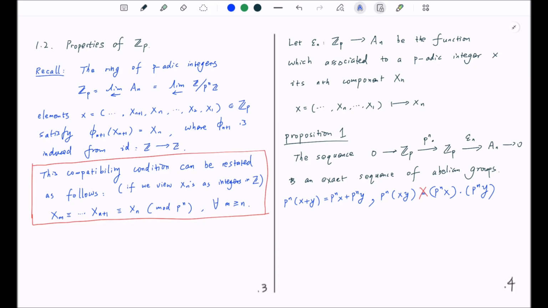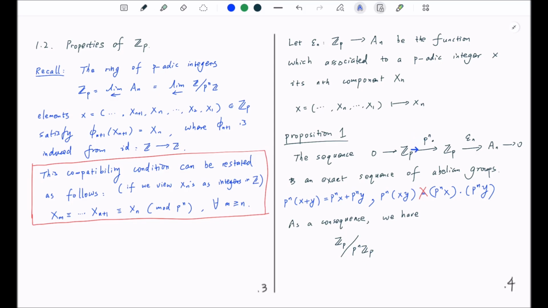And as a consequence, we have the following identification. Notice that the image of Z_p under this multiplication by p^n is p^n Z_p. So we have the isomorphism Z_p mod p^n Z_p.